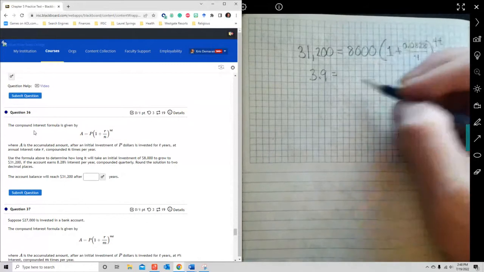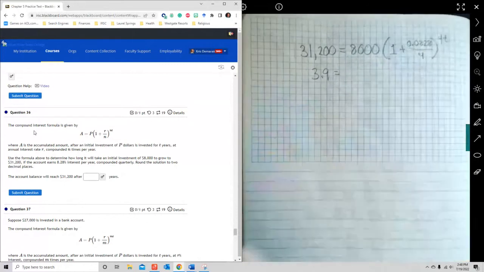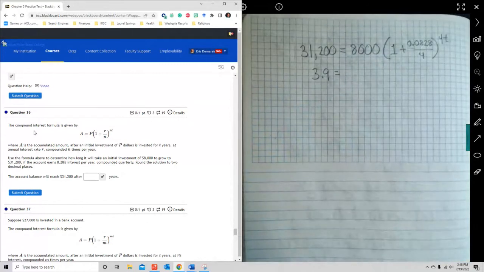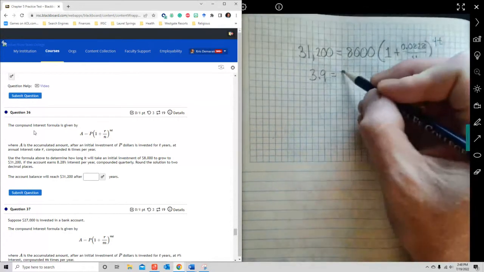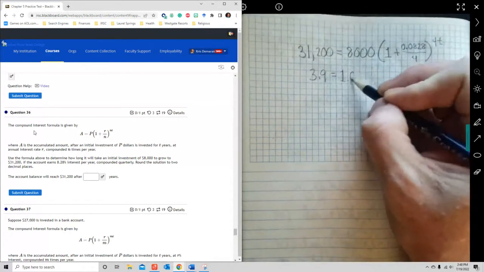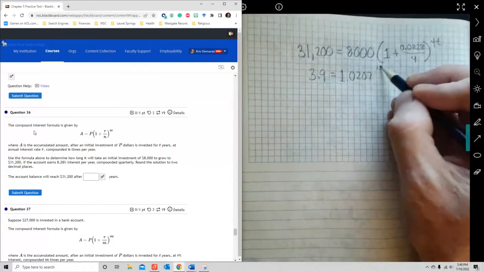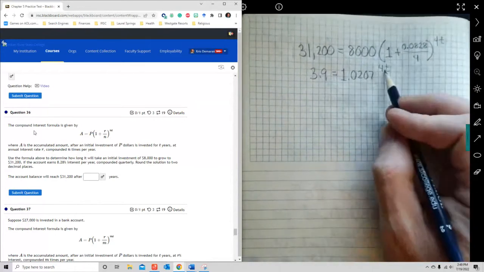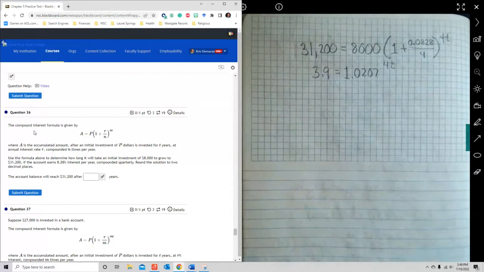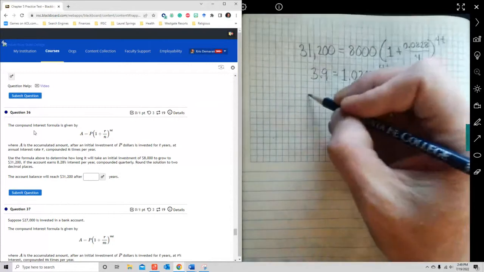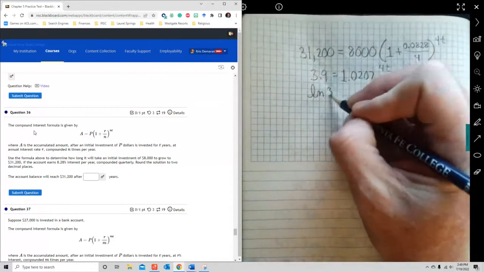I apologize about that. So now what we do is take the 0.0828, divide it by 4, and then we're going to go ahead and get this. And we need this down, okay? We need to get this down. So what we do is take ln of both sides.